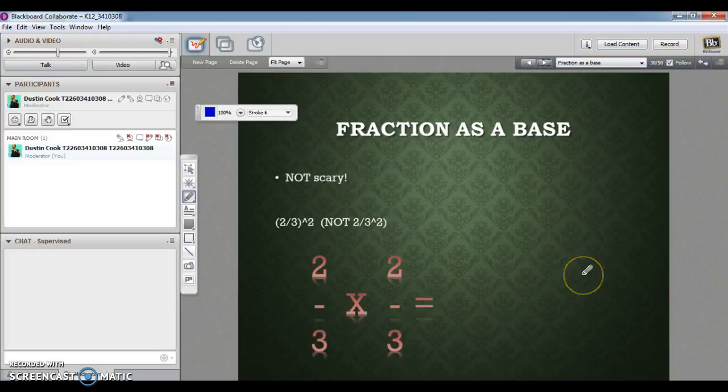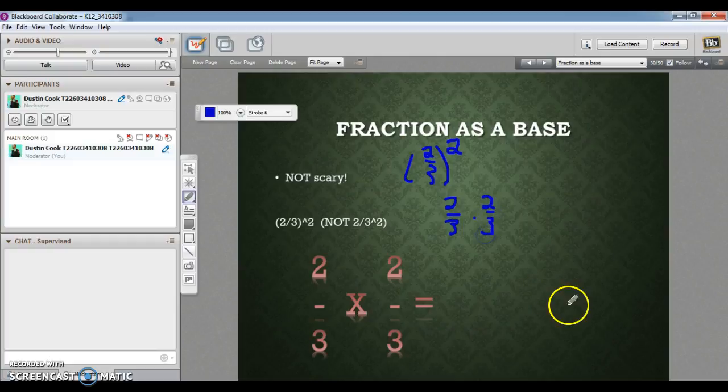Fractions as a base are not as scary as you think they are. If you have 2/3 to the second, or squared, you just multiply it by itself. So you have 2 over 3 times 2 over 3.